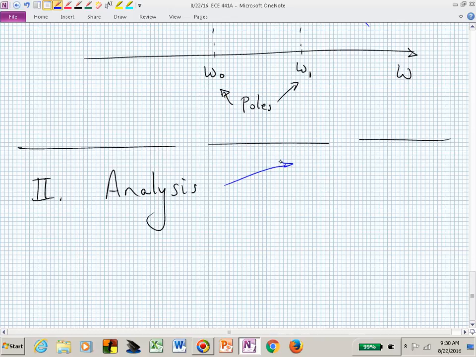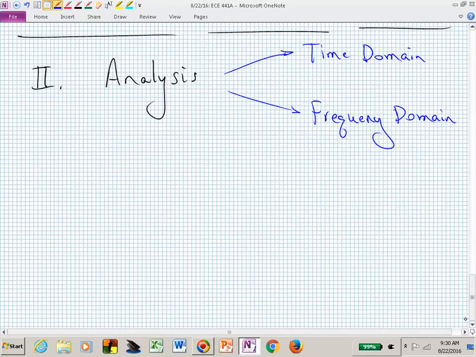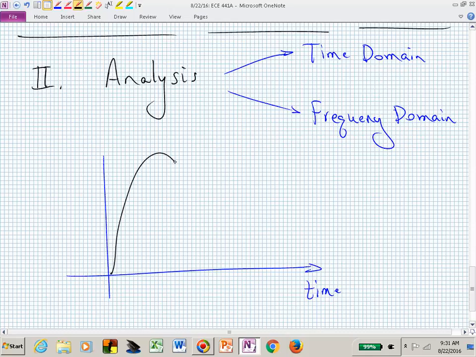We can do analysis the same way. We have time domain analysis and frequency domain analysis. We've already looked a little bit at what happens in the time domain, and you'll get very comfortable with this second order system behavior.